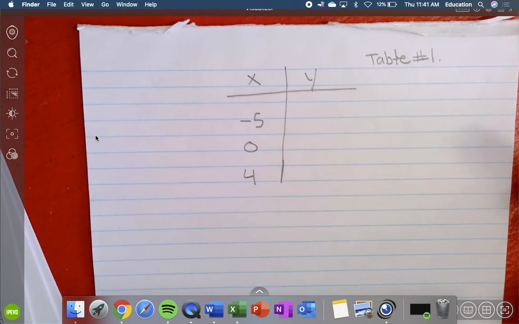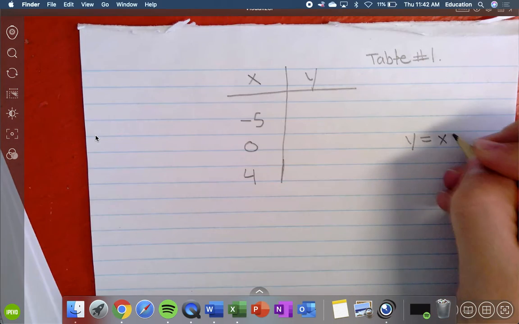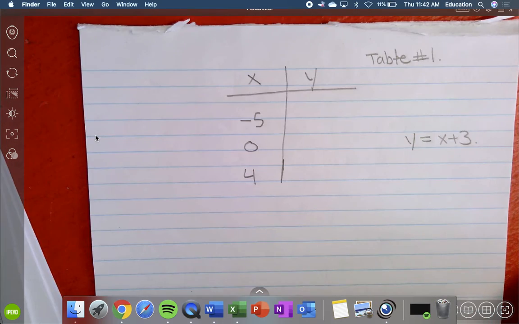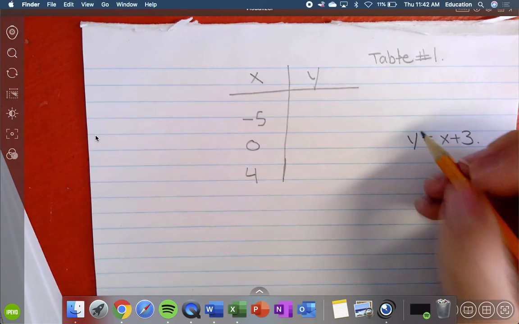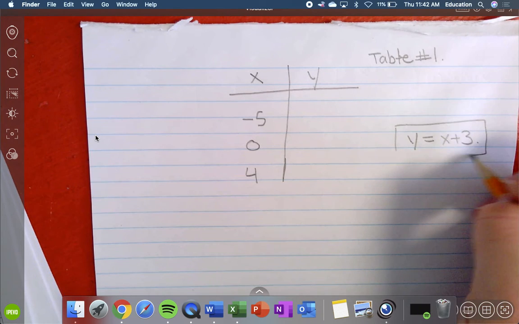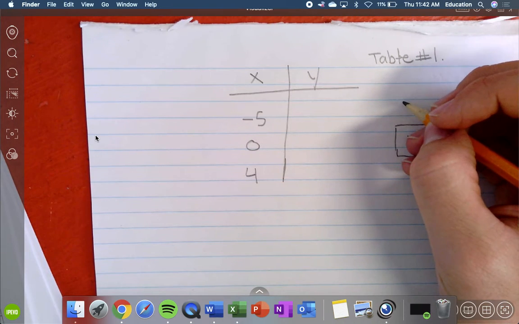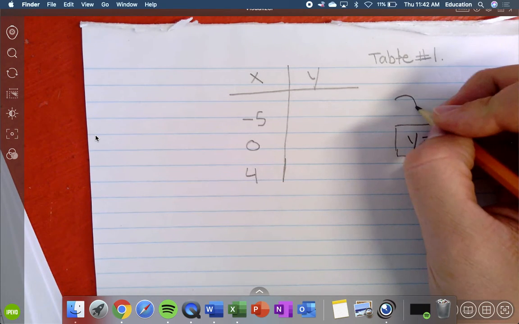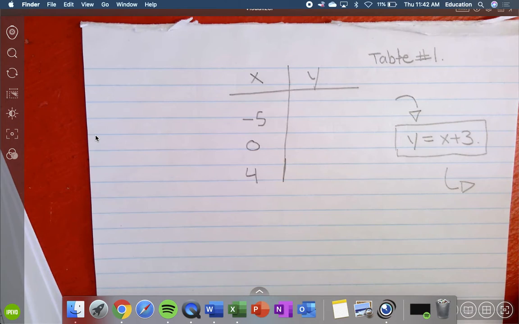So here, this is where the algebra comes in, but this is not stressful algebra. They're gonna give you an equation, which is y is equal to x plus 3. And I want us to start thinking that y equals x plus 3 is some sort of machine. I'm going to put something into the machine, and I'm going to get something out of the machine.